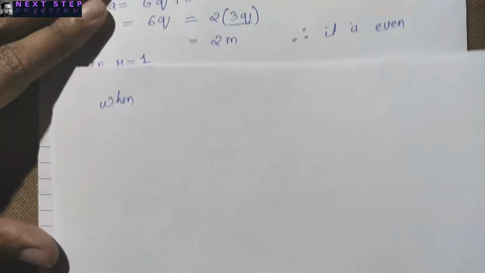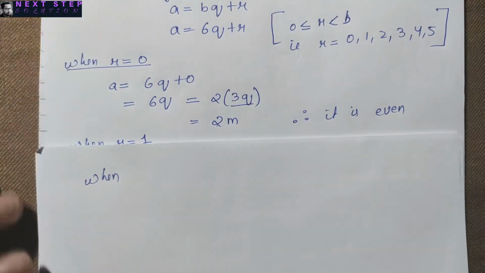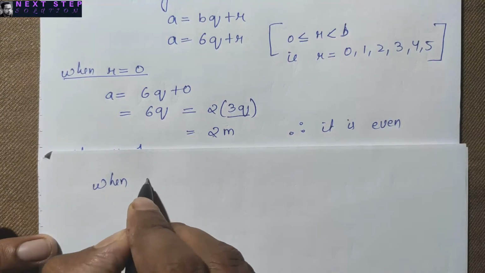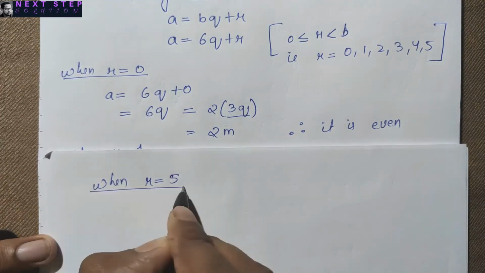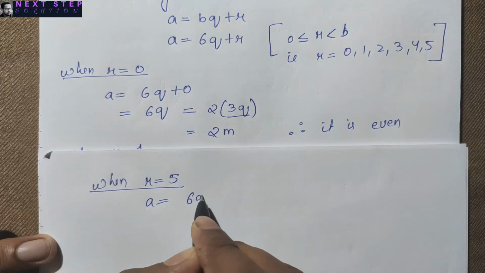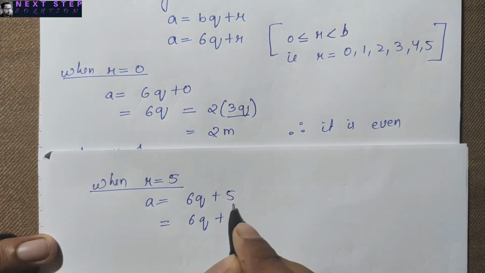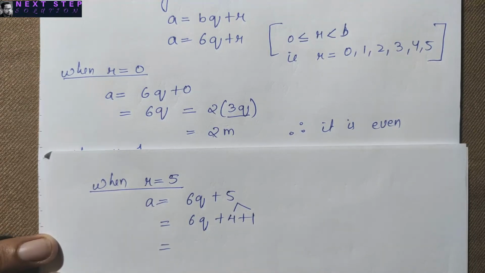Now next for 5. When r equals to 5, a will be equal to 6q plus 5. Now this we can write it as 6q plus, instead of writing 5 we can break it as 4 plus 1. 4 plus 1 will give you 5.